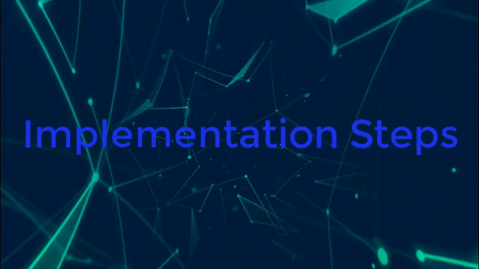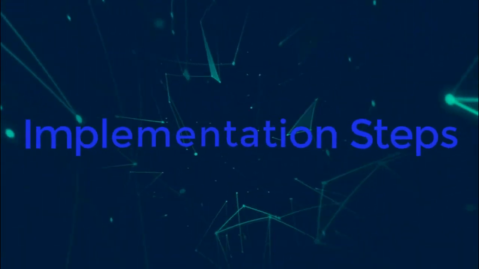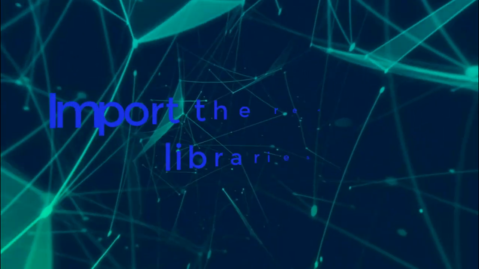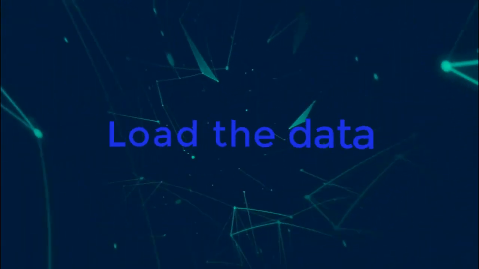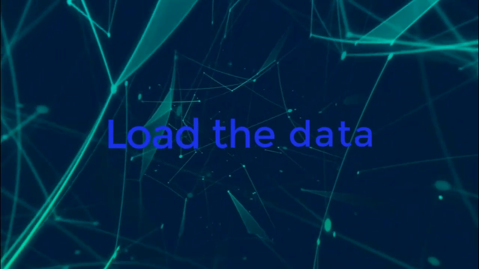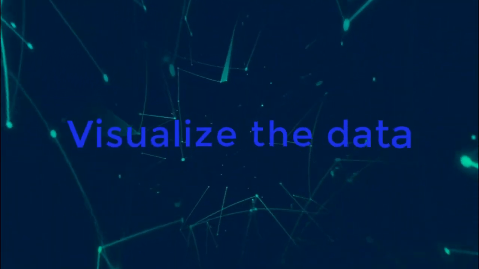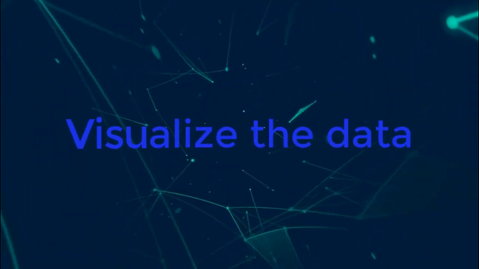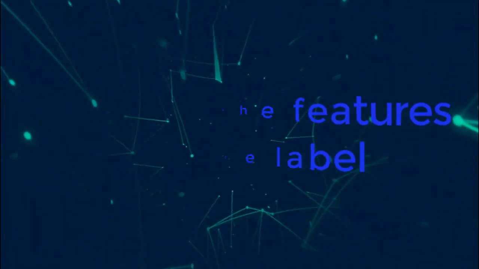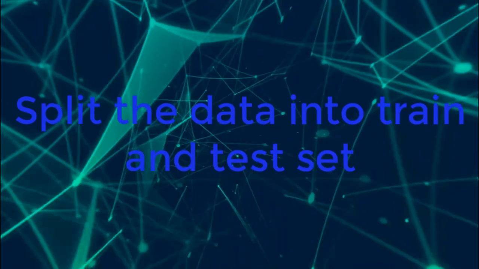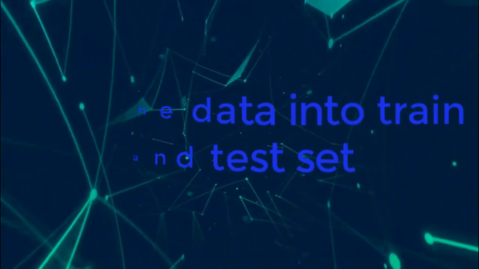I will use the following simple steps to implement the model. We will start by importing the required libraries. Then we will load the data in Pandas data frame. After that, we will visualize the data. Post that, we will separate the features and the label. Then we will split the data into train and test set.